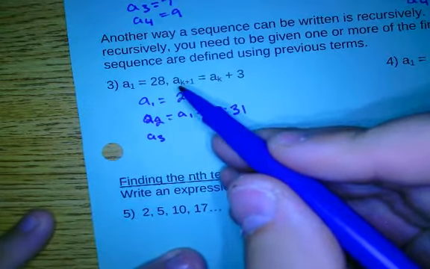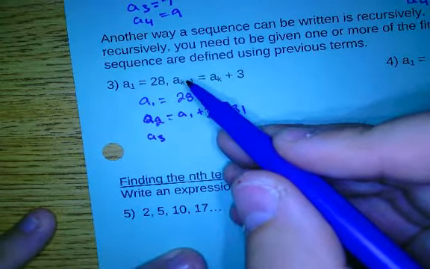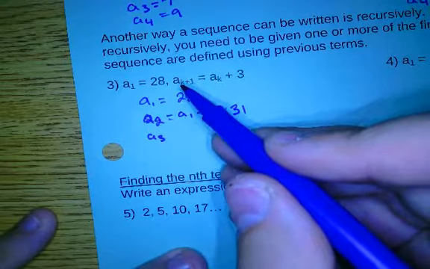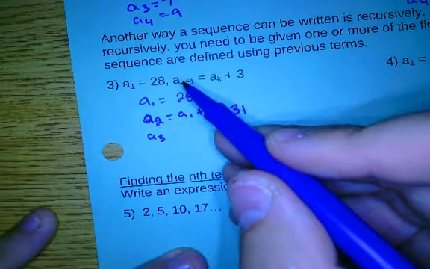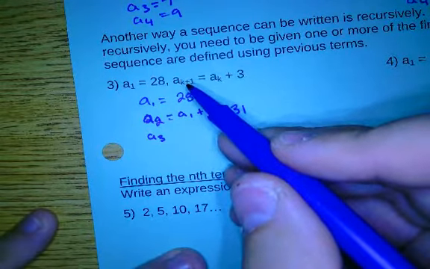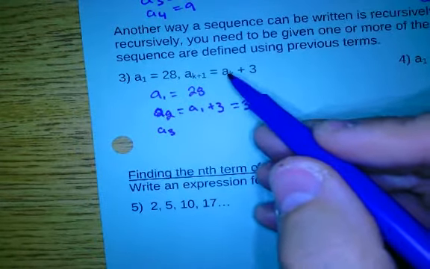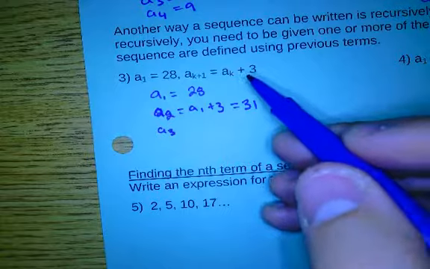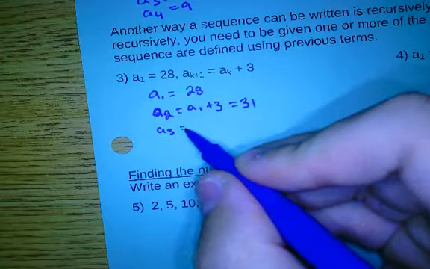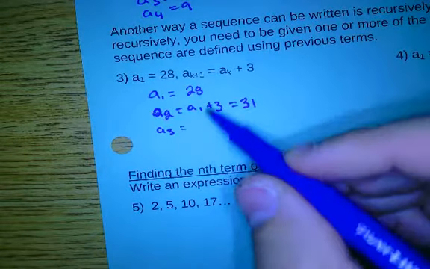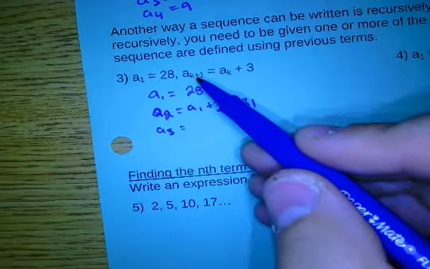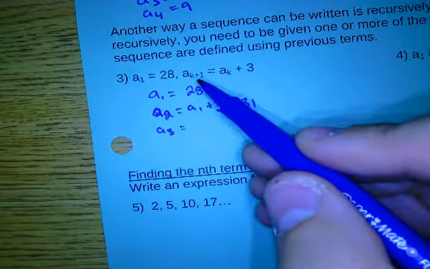Okay, so to get to A2, k equals 1. Do you agree? Because 1 plus 1 equals 2. And then you're going to get A1 plus 3. So A2 is 31. So for A3, what is the k value? 2. Yeah, it's always going to work out this way.